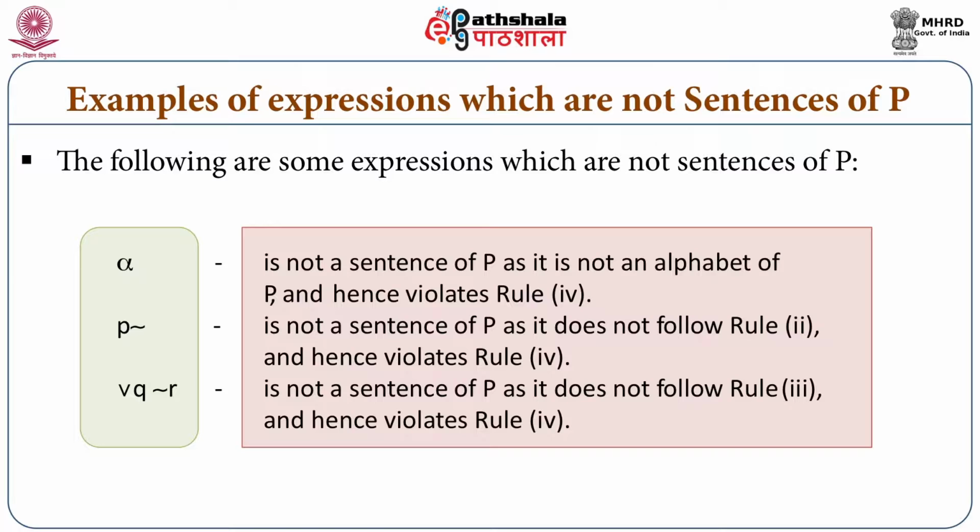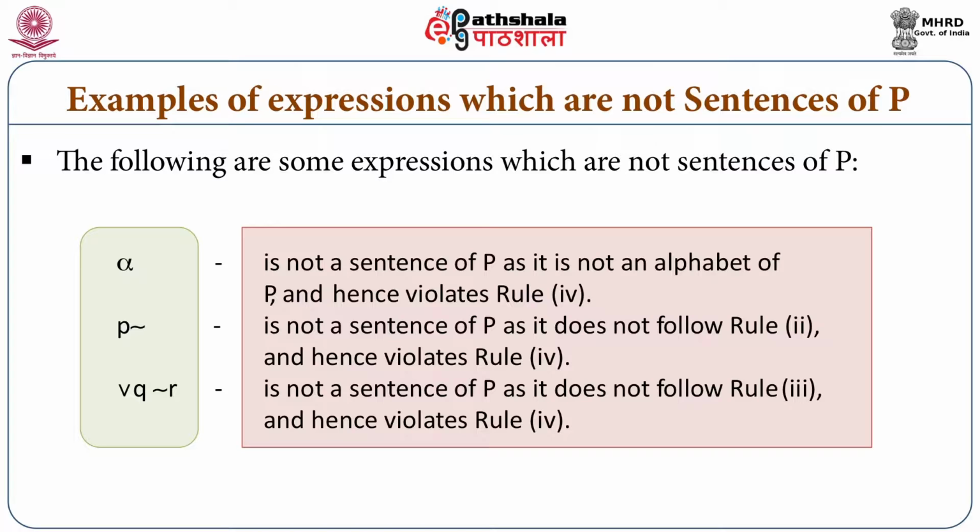Why? It is because alpha is not a propositional variable. Alpha rather is a meta variable which we are using from another language to stand for a formula here. What about P negation? Well, it is also not being formed in accordance to our rules.